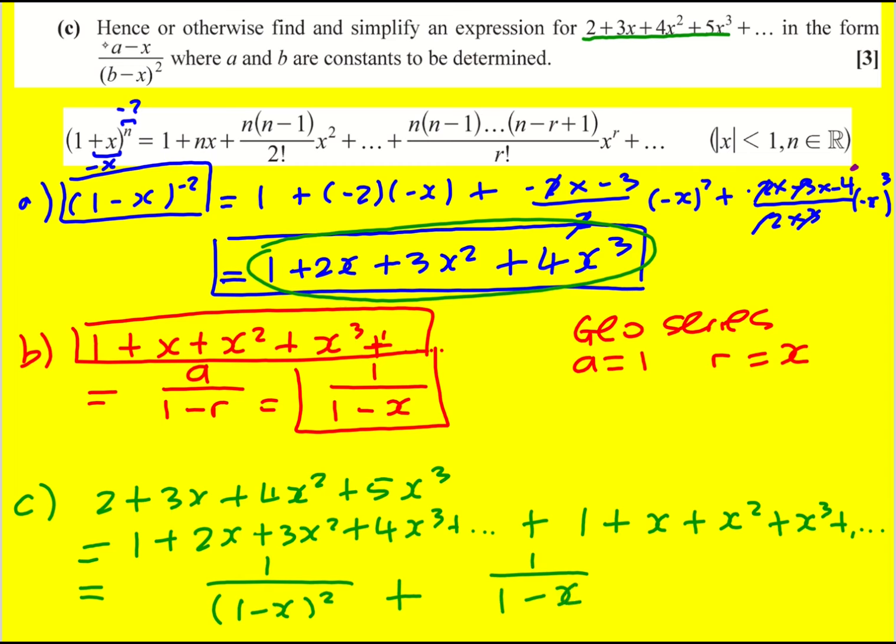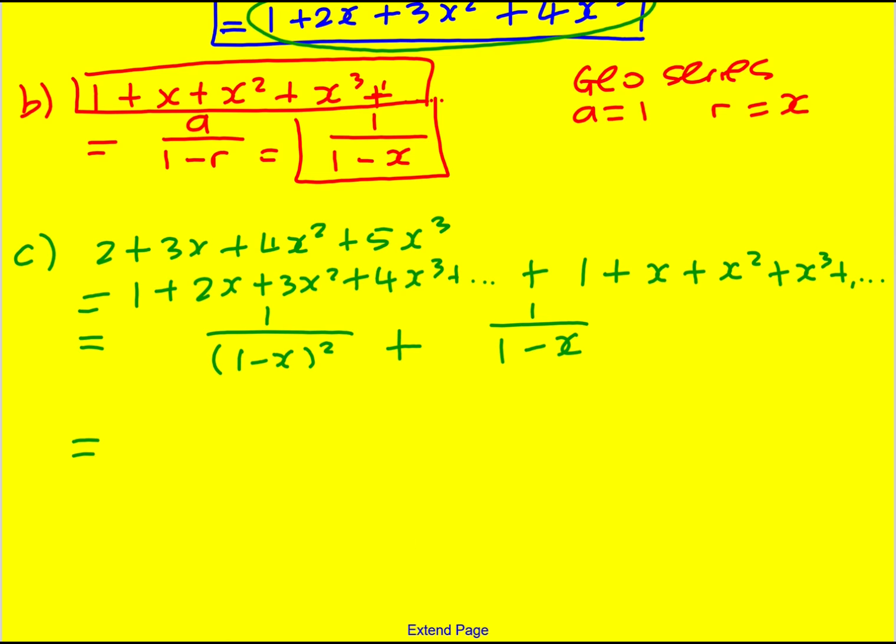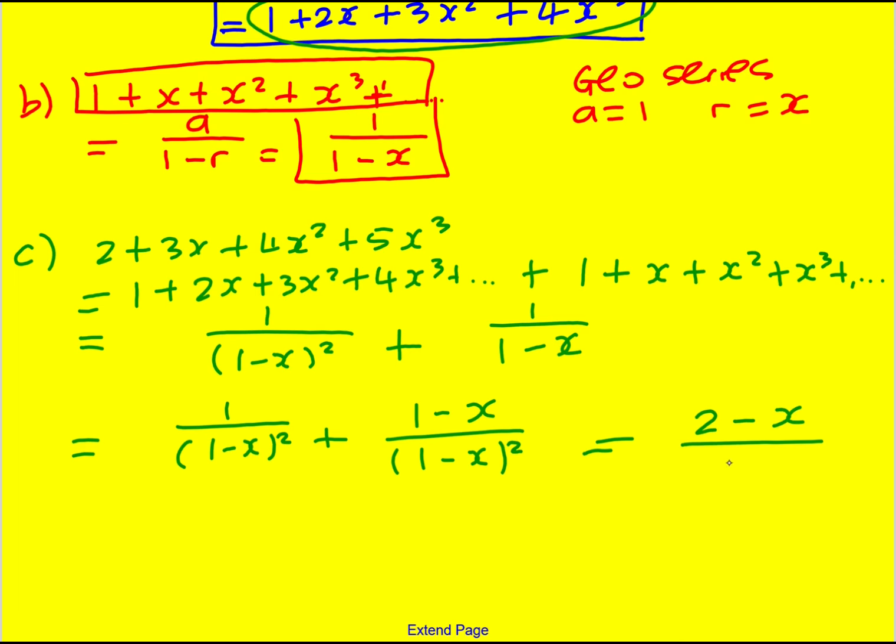We just have to put it over a common denominator, which is going to be (1 minus x) squared. So it would be 1 minus x at the top, and times on top and bottom by 1 minus x. And if I add these two together, that's going to give me 2 minus x over (1 minus x) squared. Okay, nice question.